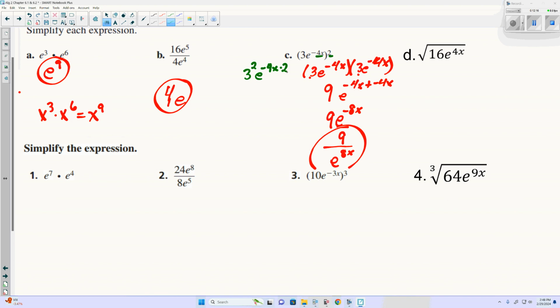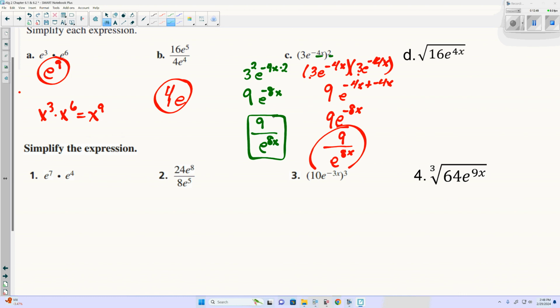So we have 3 squared times e to the negative 4x times 2. Well, 3 squared is 9. e to the negative 4x times 2 is negative 8x. And then we need to make the exponent positive, so we move it from the top of the fraction to the bottom. Questions on this here?